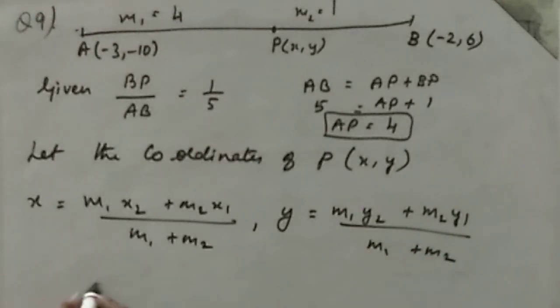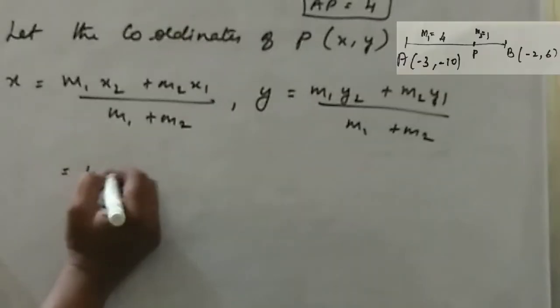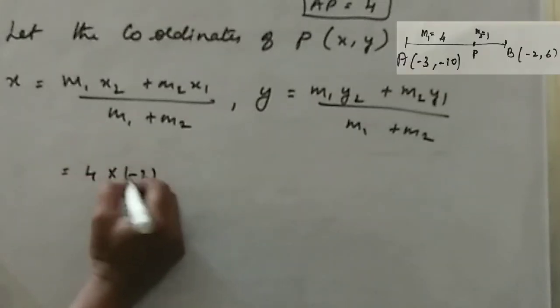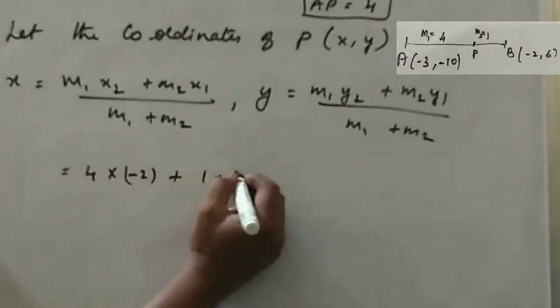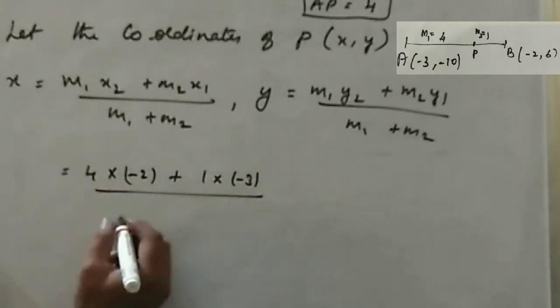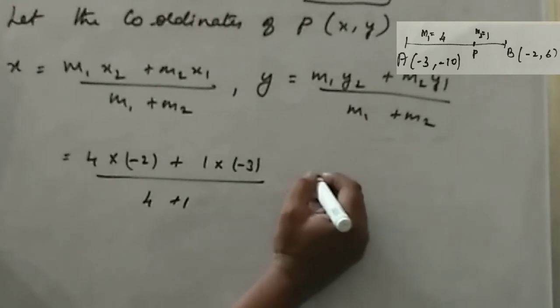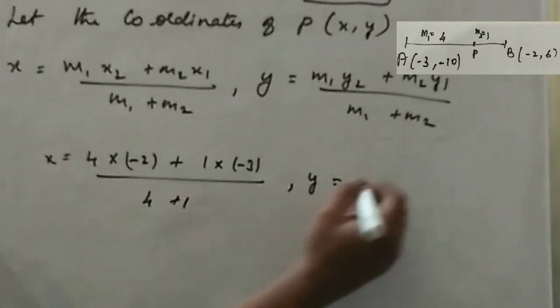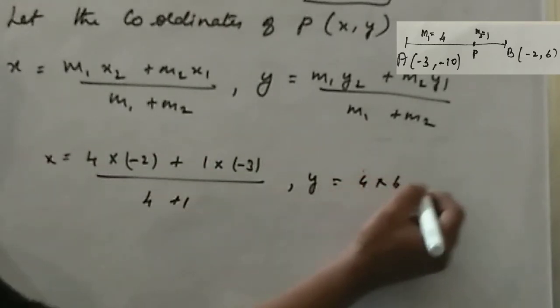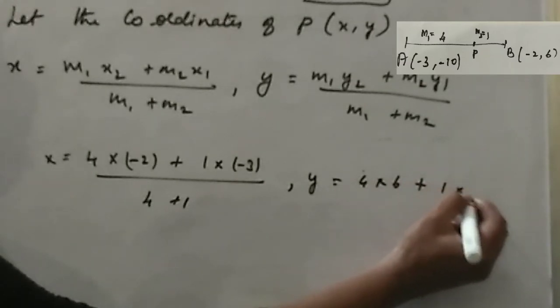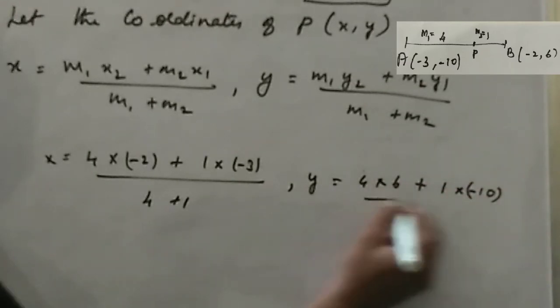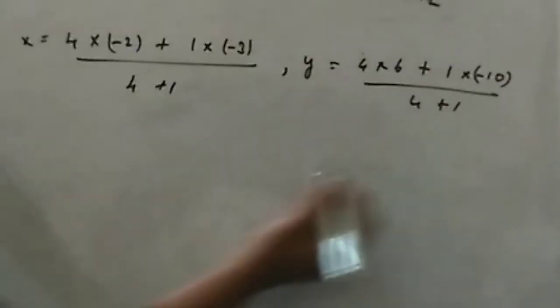Now put in: X is (4 into -2 plus 1 into -3) upon (4 plus 1), and Y is (4 into 6 plus 1 into -10) upon (4 plus 1).